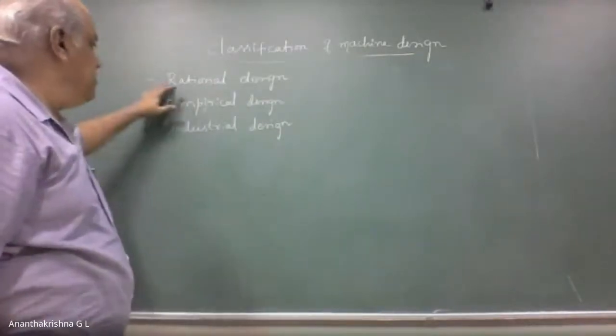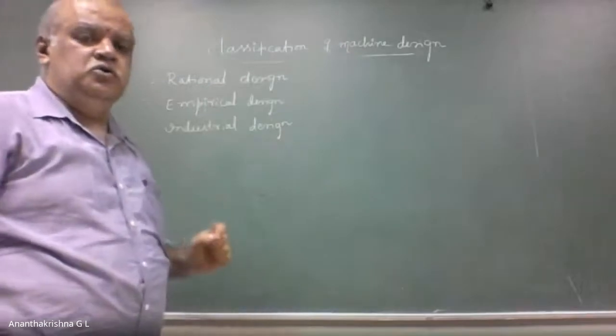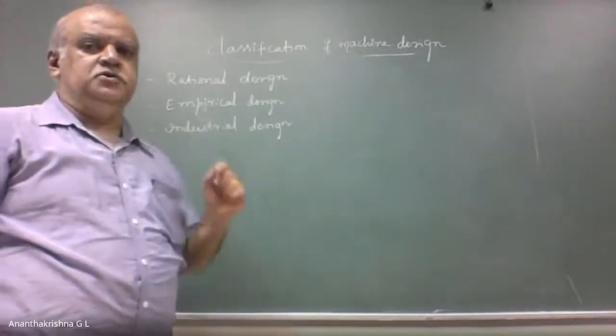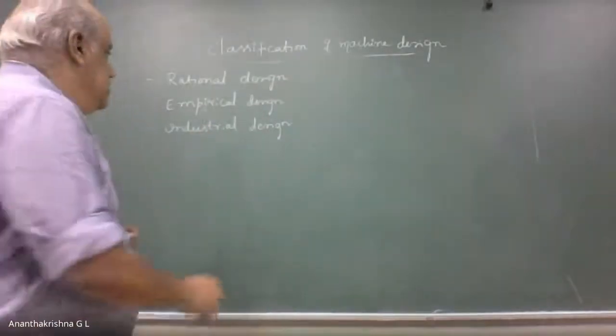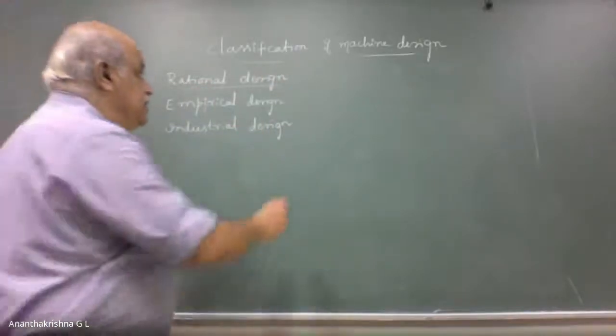So what do we mean by rational design? Whenever mathematics is used for designing a component, that is, to determine the size of the component, we say such design is rational design.